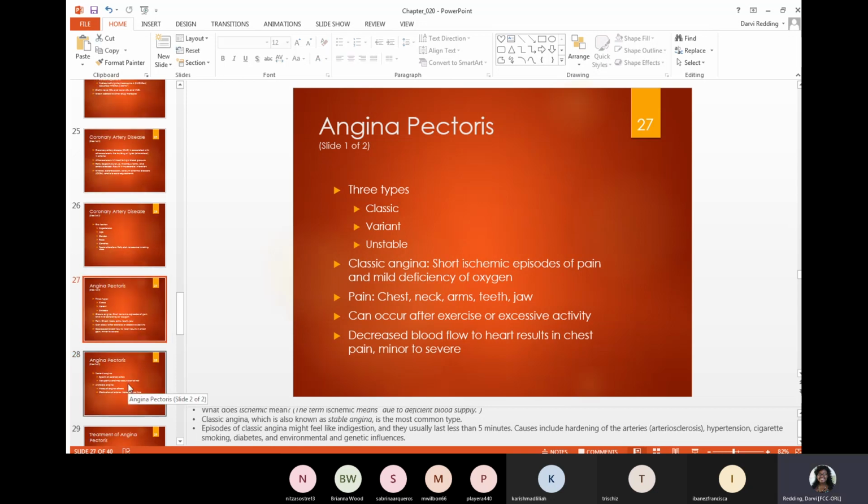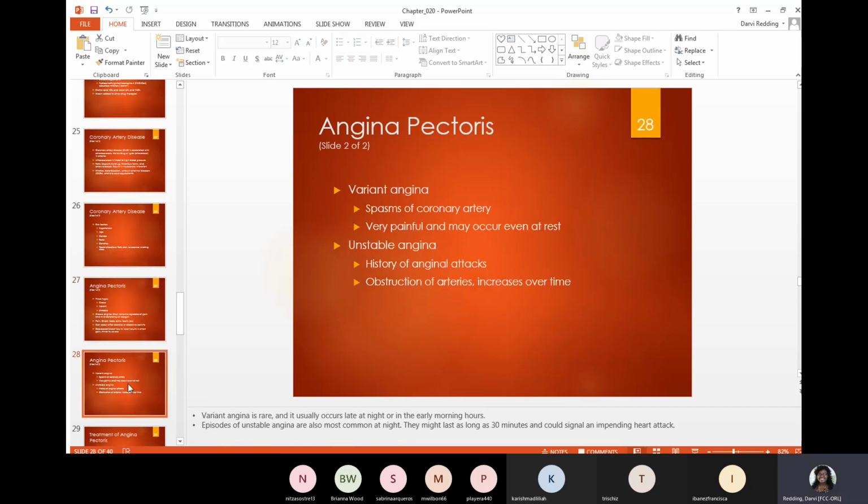So in continuing about angina, variant angina involves spasms of the artery, and this can be very painful, and it can also occur even at rest. So someone could be sleeping or maybe just waking up from a nap, and that's something that could happen.